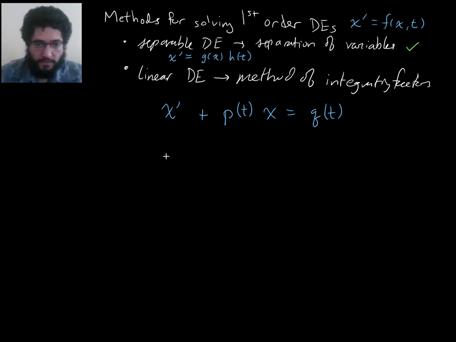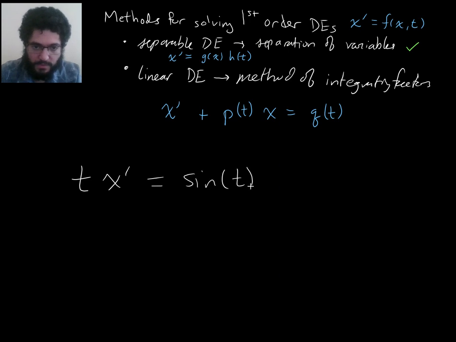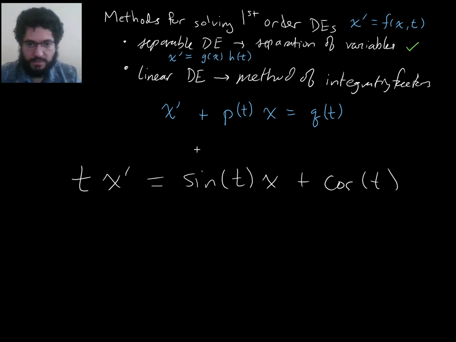Now, you could have a differential equation be linear and not necessarily immediately look like this form. You might have to put it into this form, just like when you're using separation of variables, you might have to rearrange things to separate the variables. So for example, you might have t x prime equals sine of t times x plus cosine of t. And that doesn't immediately look like x prime plus something times x equals something, where the somethings all involve t.